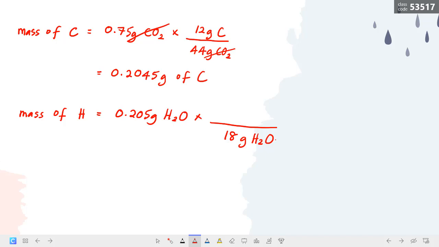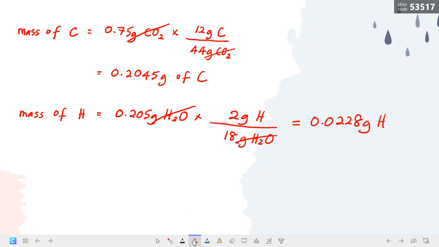And in 1 mole of water, it contains 1 mole hidrogen. Jadi, oleh kerana 1 mol hidrogen beratnya 1 gram, kalau ada 2, kita ada 2 gram here. Okay, 2 gram of hydrogen. So, cancel out. Jadi, you akan dapat lebih kurang mass of hydrogen is 0.0228 gram of hydrogen.